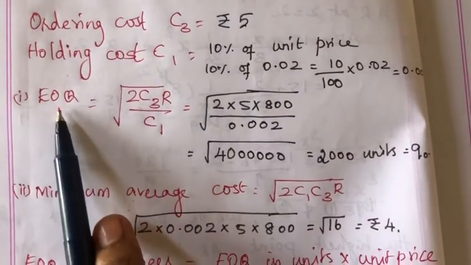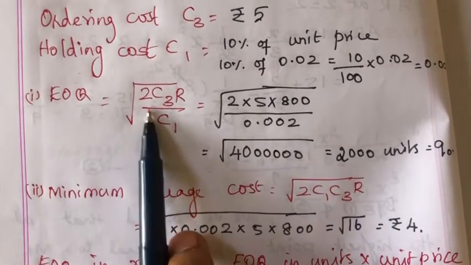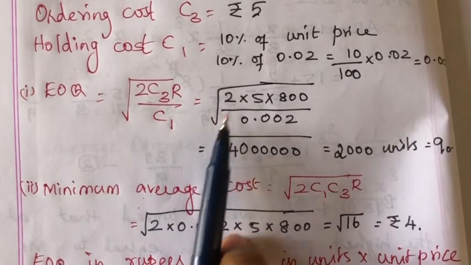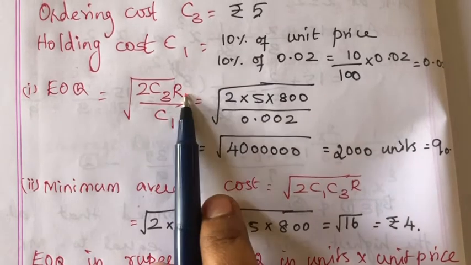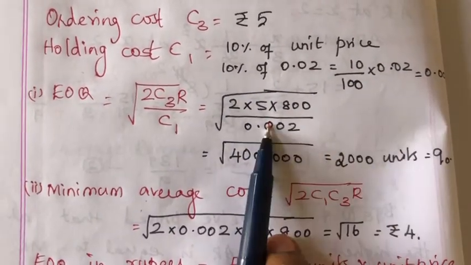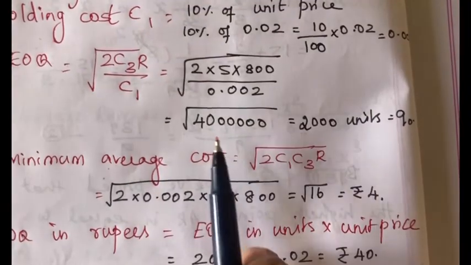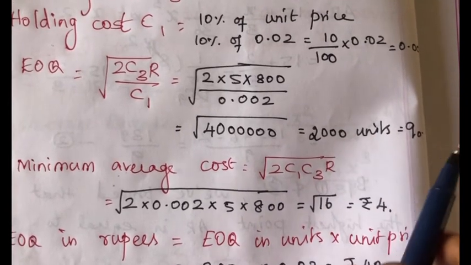Now we have R, C1 and C3. So, we can find EOQ, economic order quantity, that is square root of 2C3R divided by C1, that is square root of 2 into C3 is 5 into R is requirement, demand 800 divided by C1, that is 0.002. I get square root of 40 lakhs, that is 2000 units, and it is Q0.